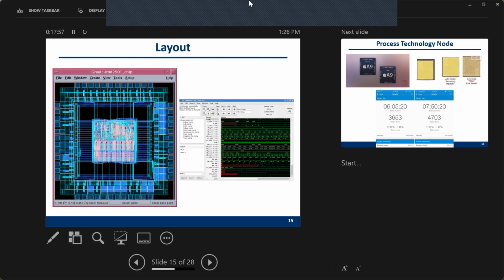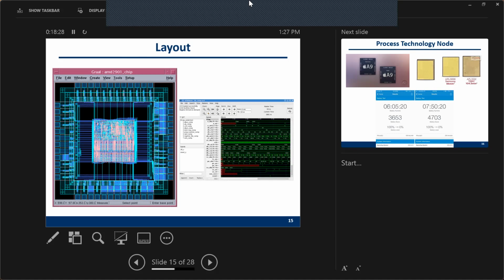So eventually, the Vivado software will help you to place and route and connect all the circuits together into one piece. After you have this so-called layout, you can do another level of simulation, the post-layout simulation.